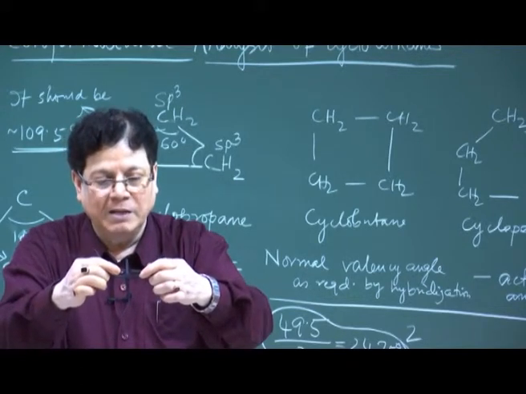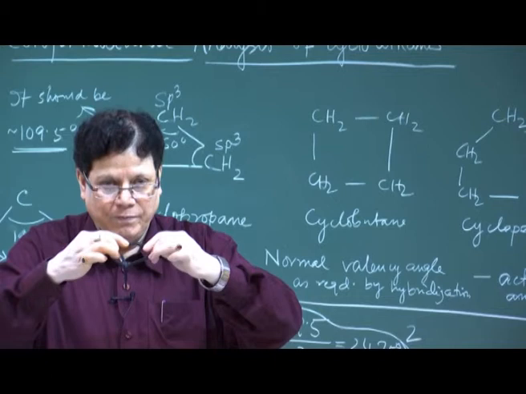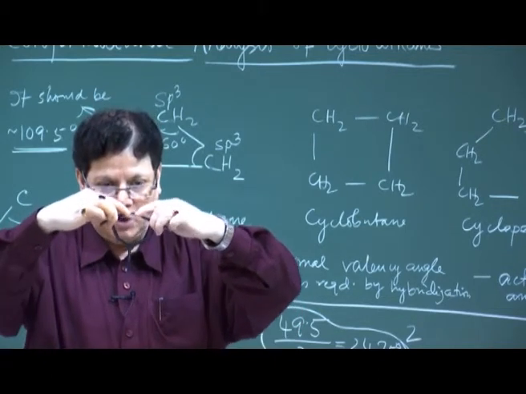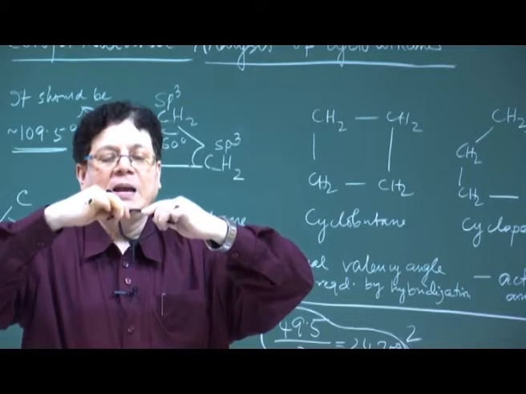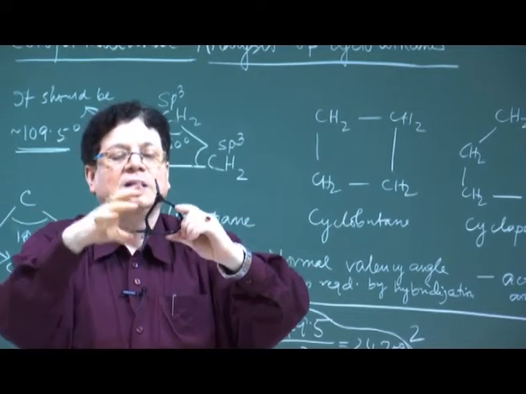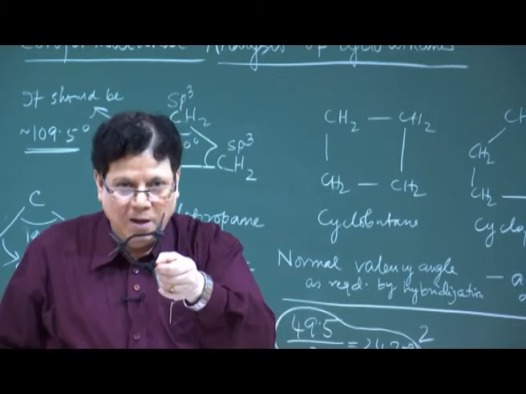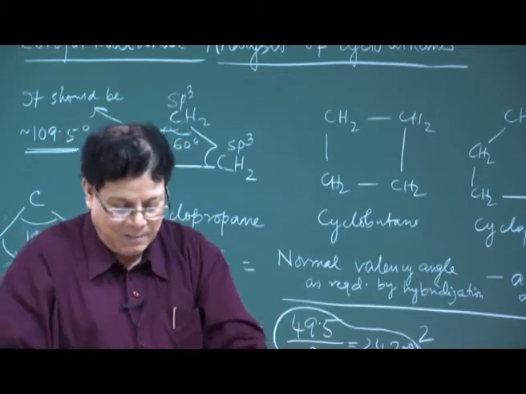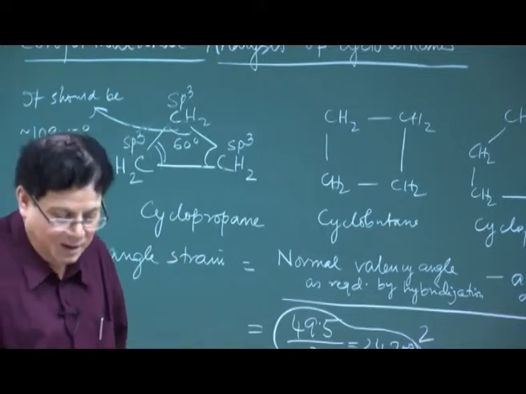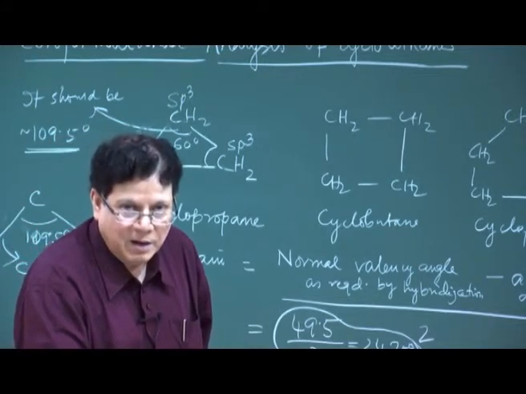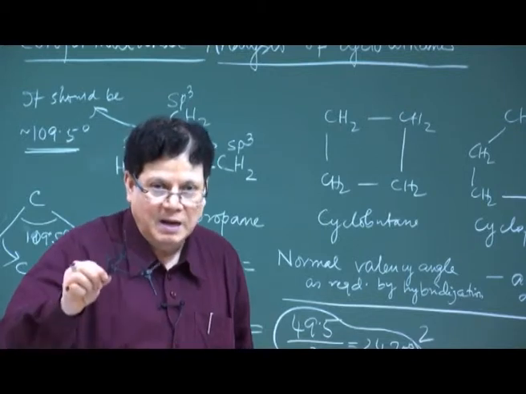You have to combine these two bonds, but you see there is a lot of strain and bending associated with this. So, what happens to these bonds? Look at the bonds very carefully. If I place it here, let me see whether it comes in the camera, but it is not coming. So, better lift it up again.